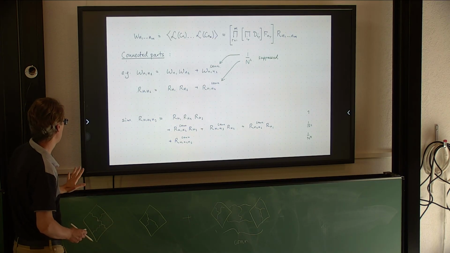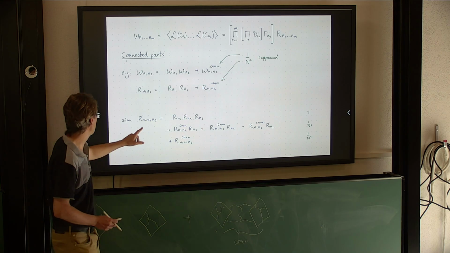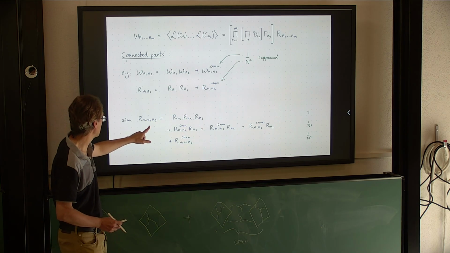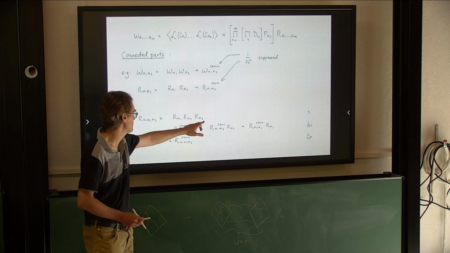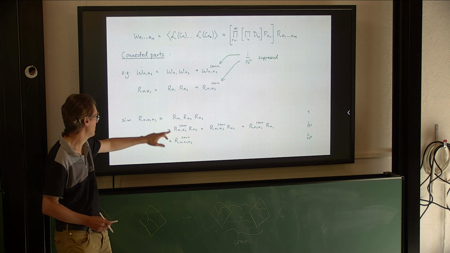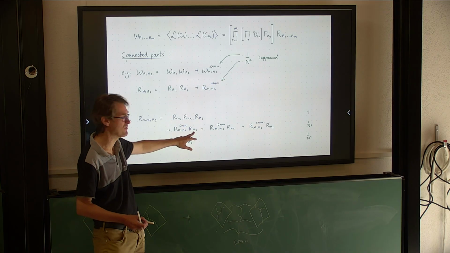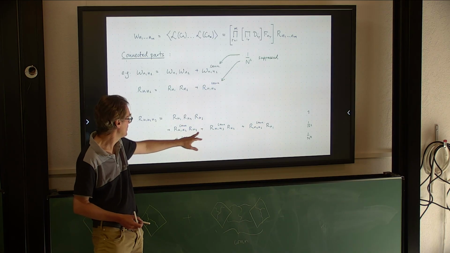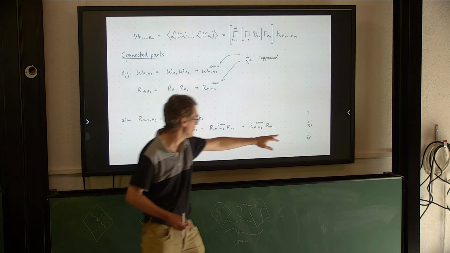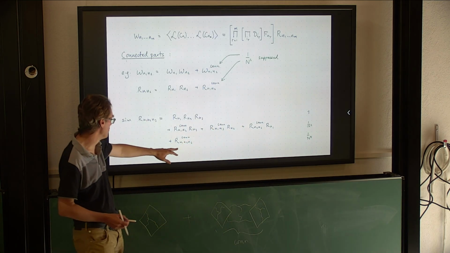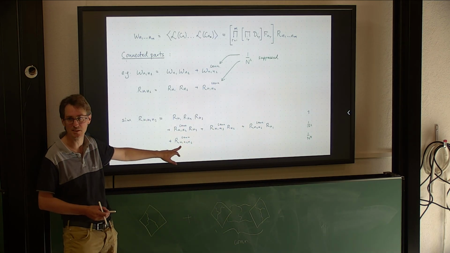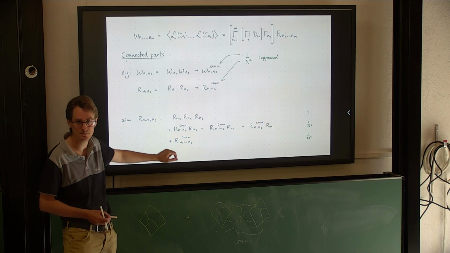Similarly, if you have a correlator of 3 loops, again, there'll be a piece that comes from the purely factored piece, and then there'll be pieces that come from the connected parts of 2 loops with the factored piece of a third one in all combinations. That will be 1 over n squared suppressed. And then there will be the new fully connected piece that involves all 3 loops, which will be 1 over n to the 4 suppressed.